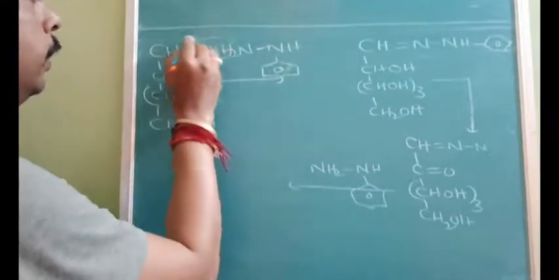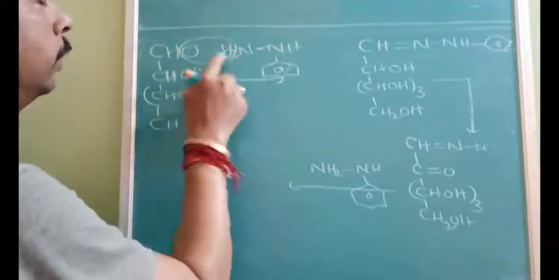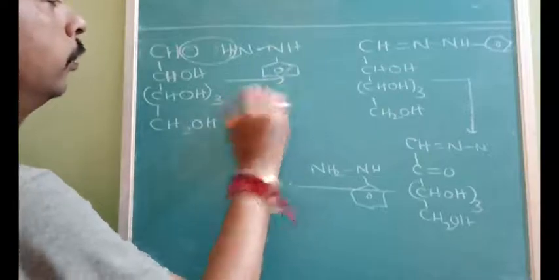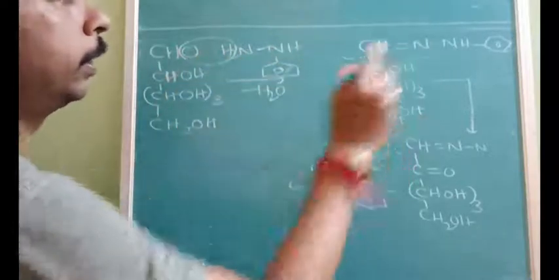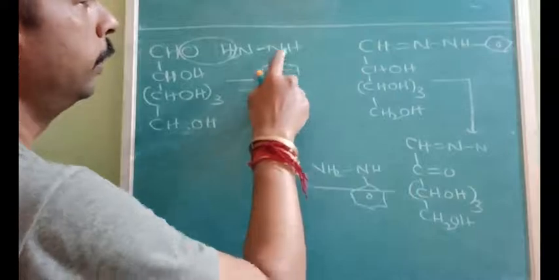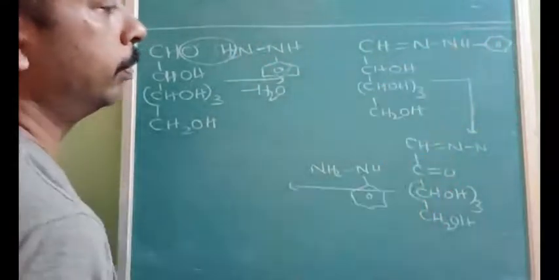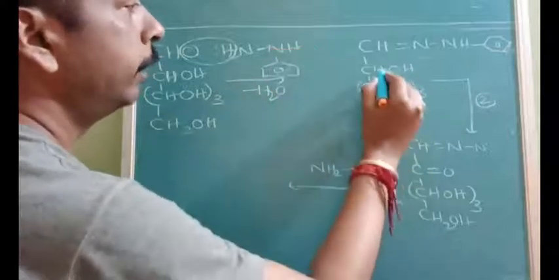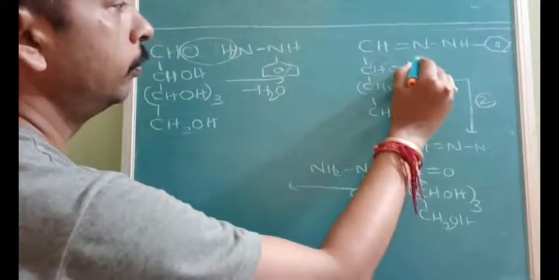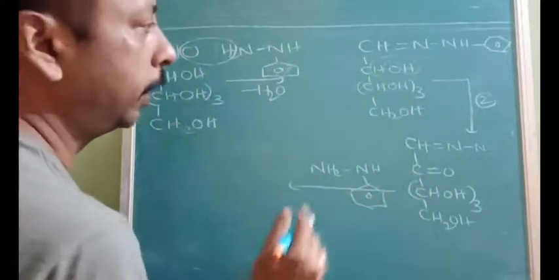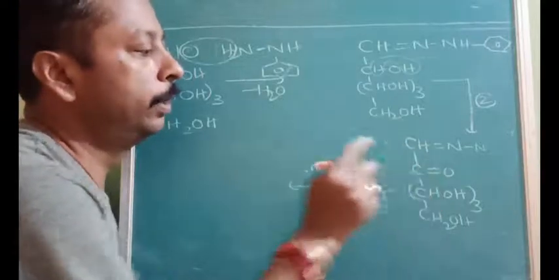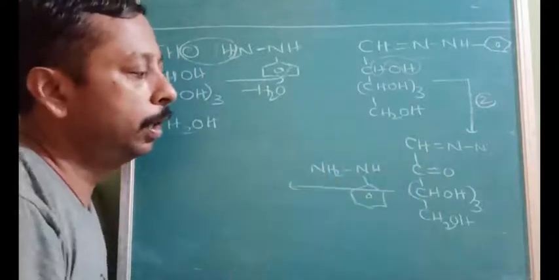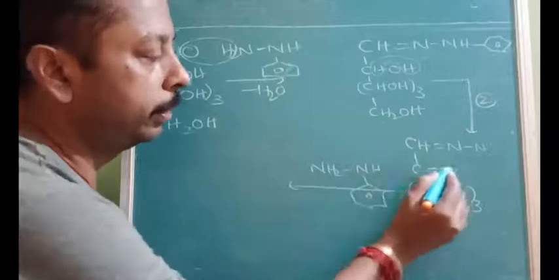When it is treated, the first mole will react and lose H2O, so it will be added up here. Now this will be a double bond. Once the second mole is treated, it will remove this hydrogen, and now it is converted to a ketone.